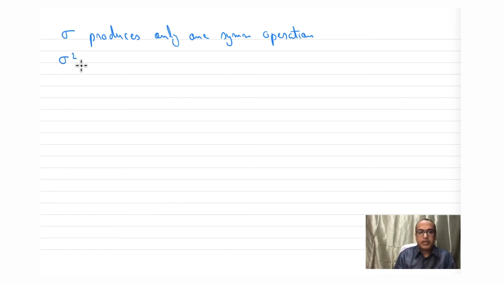Because if you do two sigmas, sigma square, this will be equal to E, because the molecule will go back to identical configuration, right? Or in other words, sigma raised to the power n will be equal to E if n is even, and will be equal to sigma if n is odd.